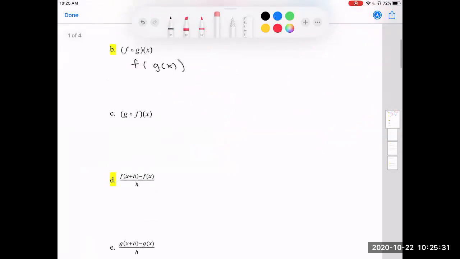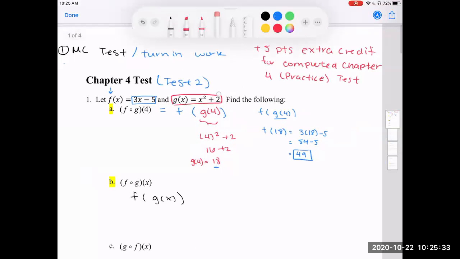So this is saying that we're going to plug your g into your f. So we're going to take all of this for g and we're going to plug it in for every x. Now in this case, we only have an x, but there's a possibility that we can have multiple x's.